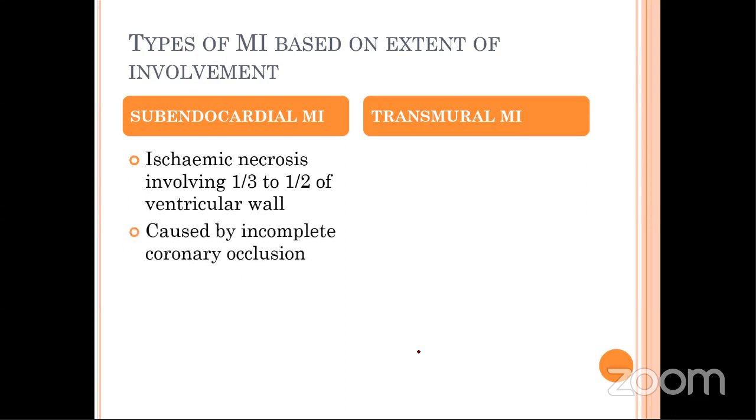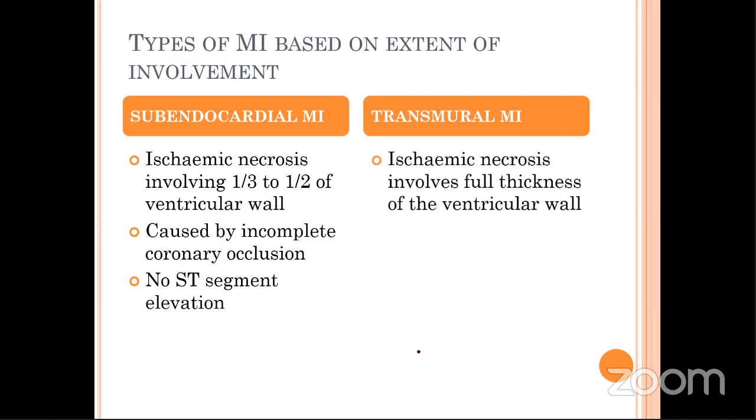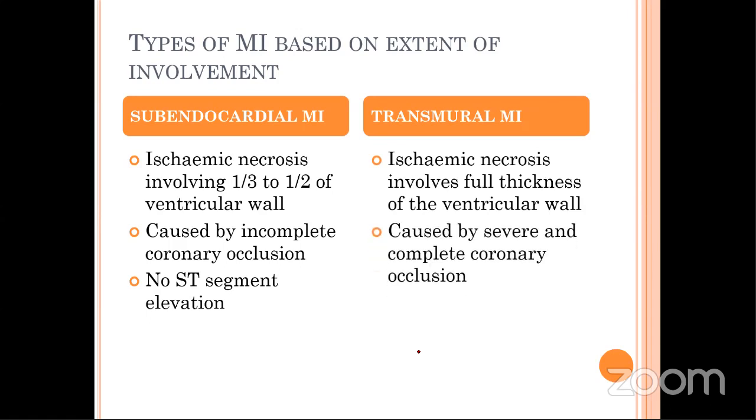This is caused by incomplete coronary occlusion, and in ECG, you do not get a ST segment elevation. Whereas, on the other hand, transmural myocardial infarction involves the full thickness of the ventricular wall. It is caused by severe and complete coronary occlusion.